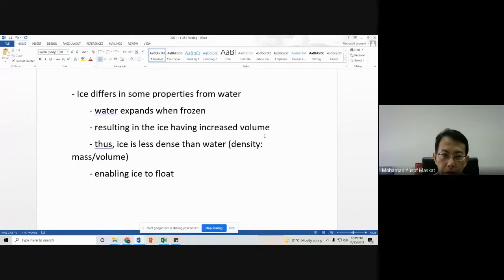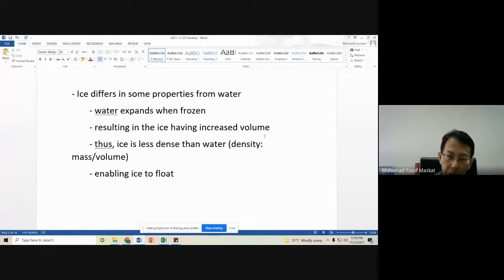Ice differs in some properties compared to water. When water is frozen, it will expand. The majority of other compounds stay the same, but for water, when it is frozen, it will expand, meaning that the volume will increase. However, the mass is still the same.